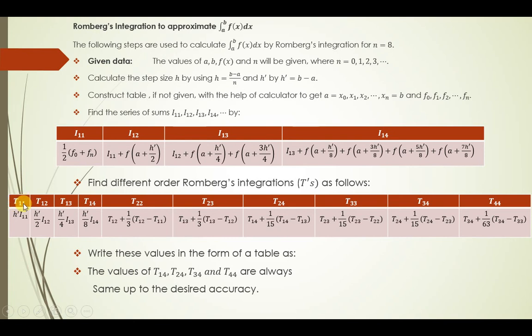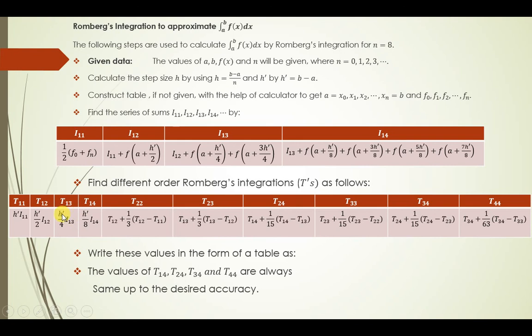T11 will be calculated with the help of this formula. I mean, T11 is H prime into I11. You have calculated H prime from there, and you have calculated I11 from there. So put these two right here to get T11. And the second is T12. T12 will be calculated by this formula, that is H prime by 2 into I12.